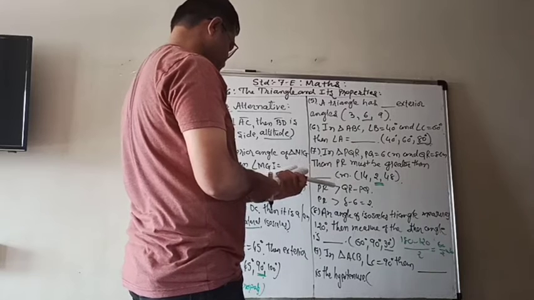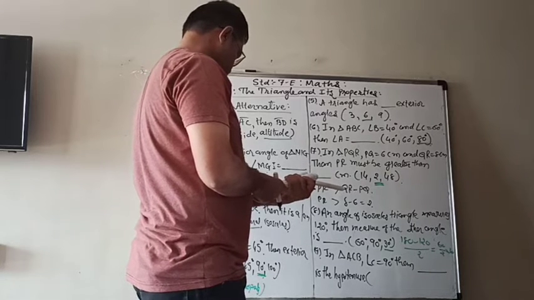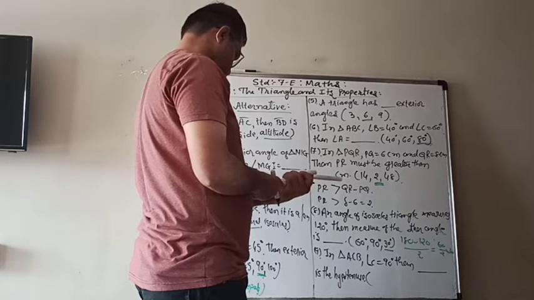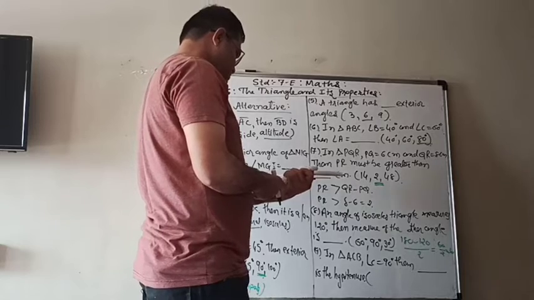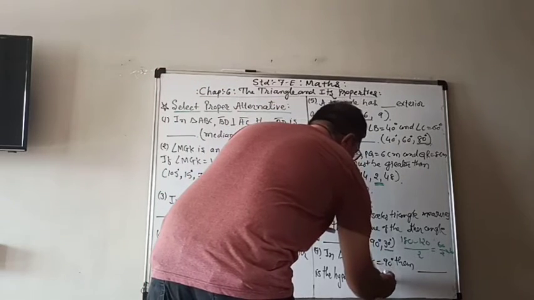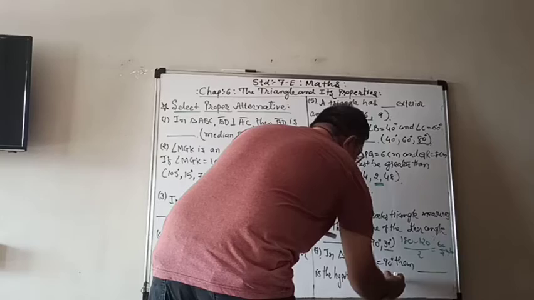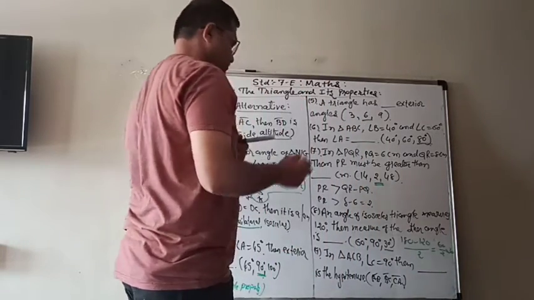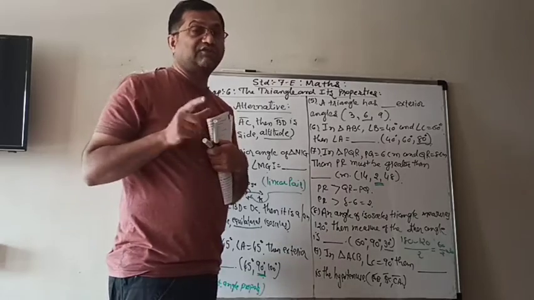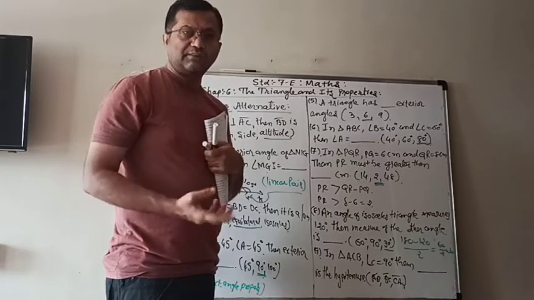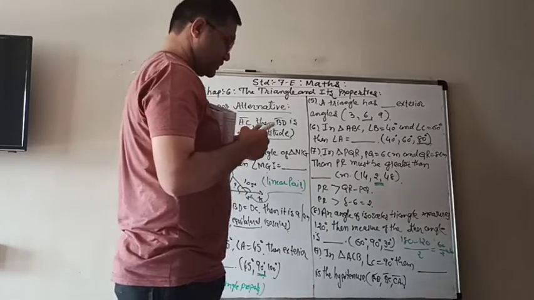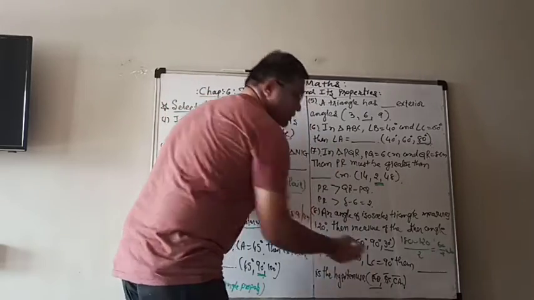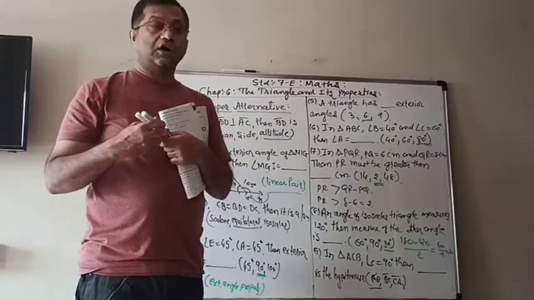Options are AB, BC and CA. Now you know that if angle C is 90 degree, then which side is opposite to it? AB. So line segment AB is the answer of this.